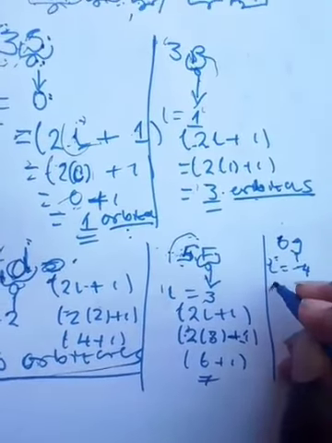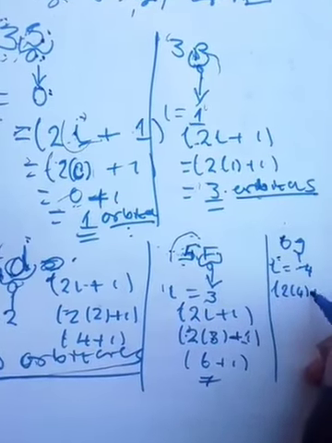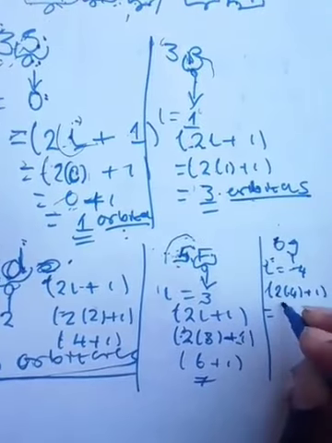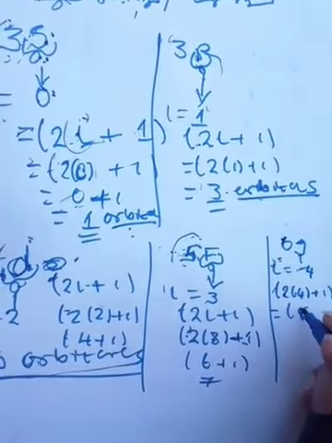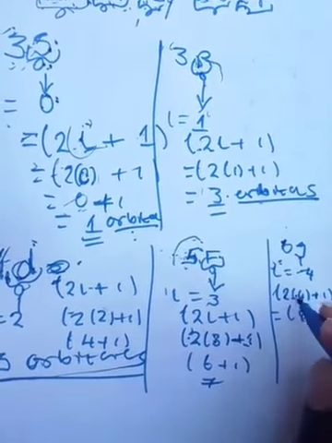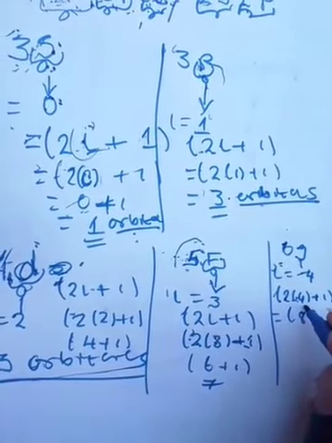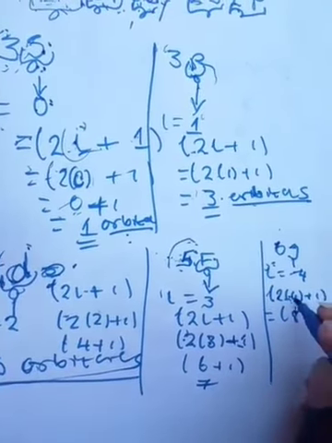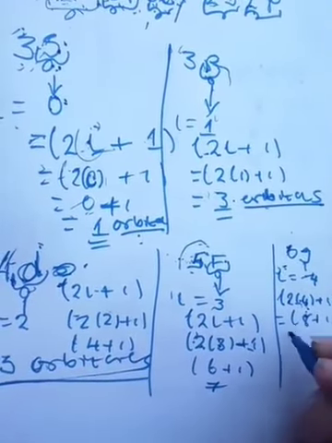So I'll use the formula 2 times 4 plus 1. We are going to have 4 times 2, 8, right? Yes, it is 8. 8 plus 1. That is 9.